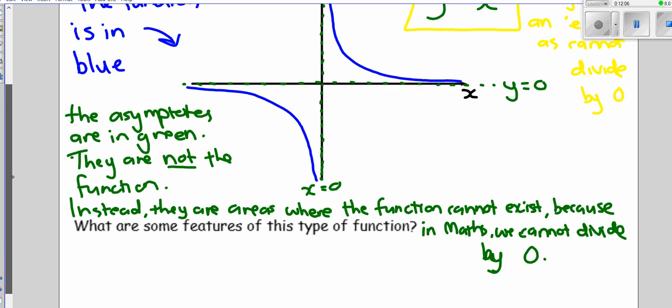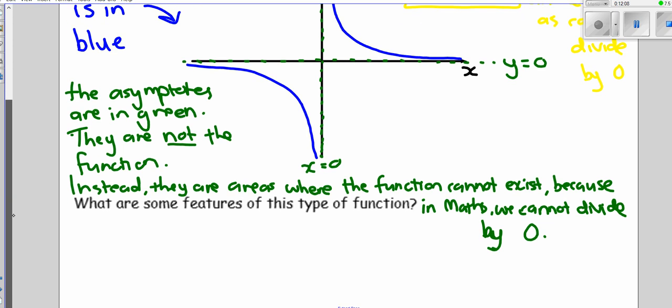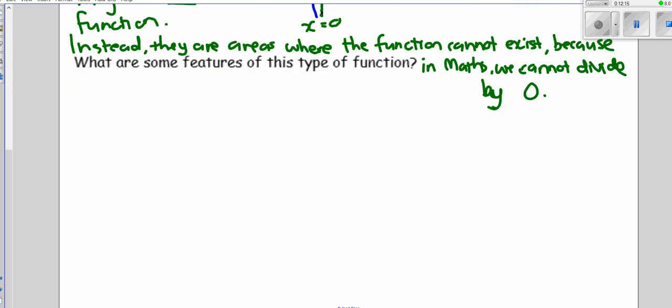What are some features of this type of function? They contain, or they have, a vertical asymptote.